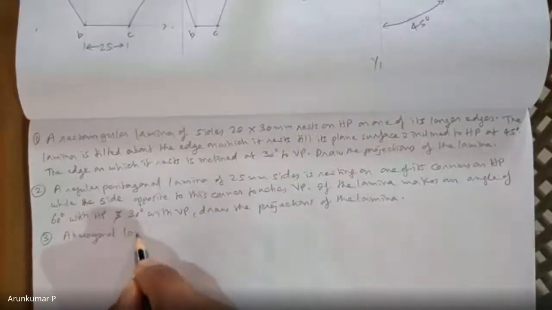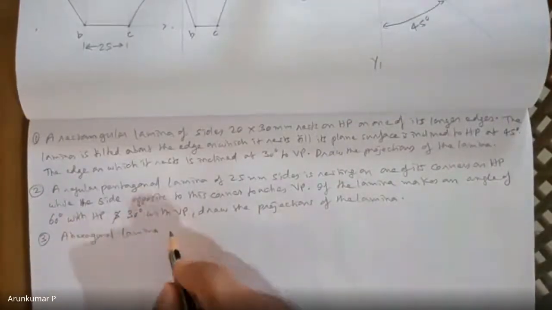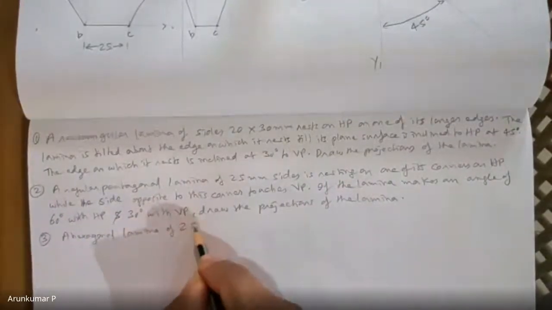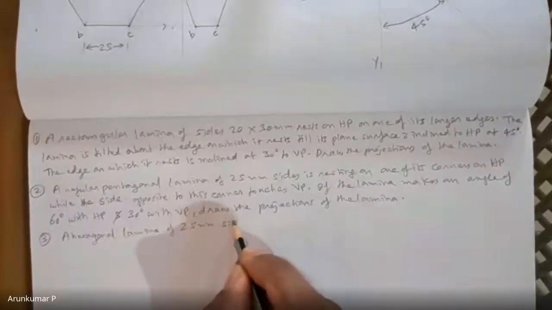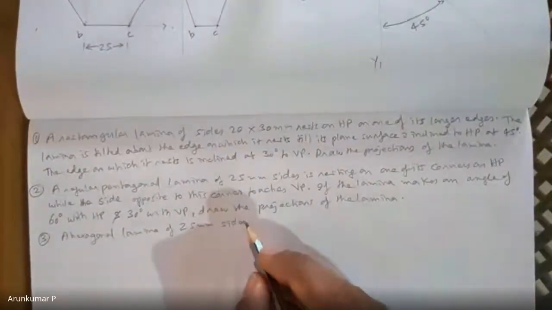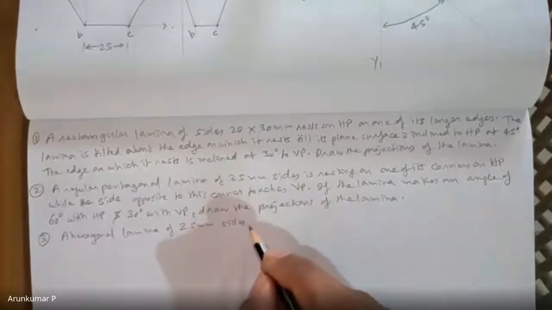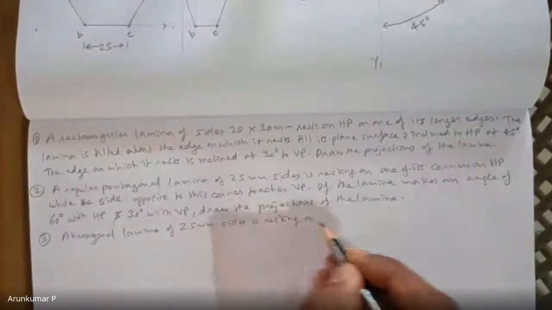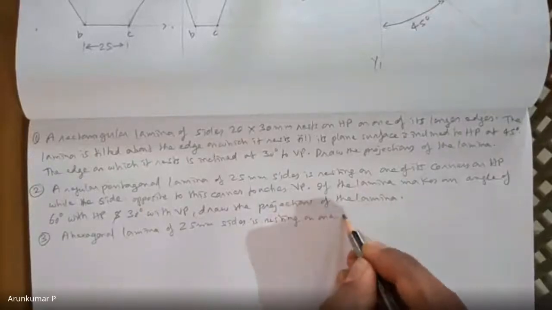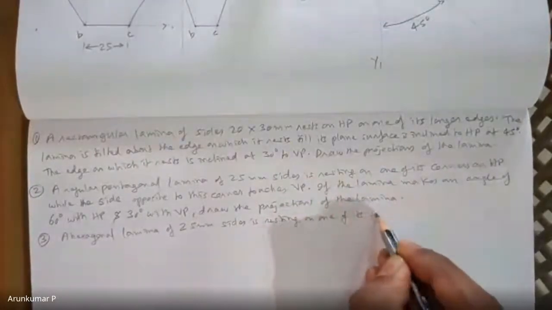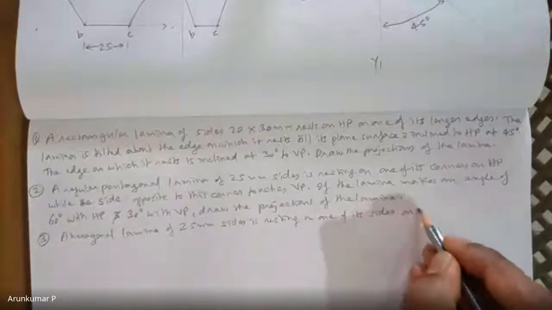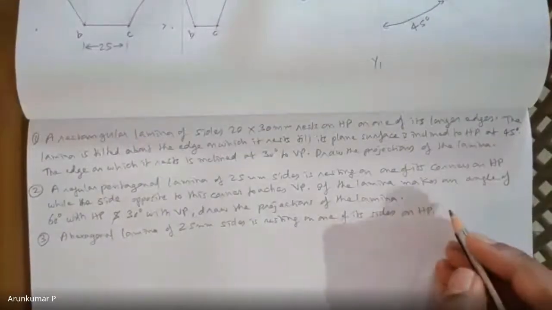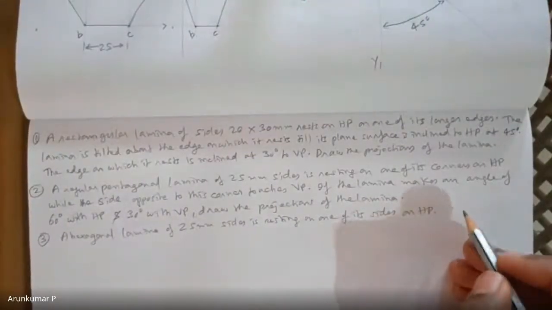A hexagonal lamina of 25 mm sides is resting on one of its sides on HP. The lamina makes 45 degrees to HP.